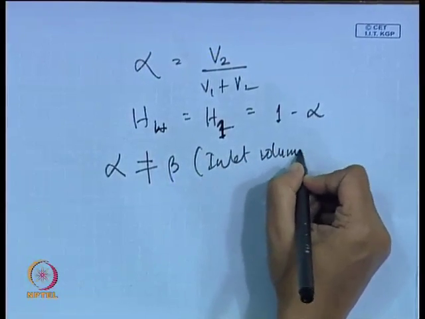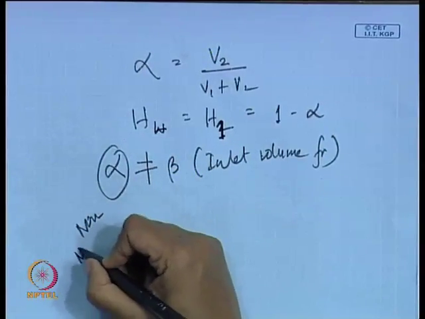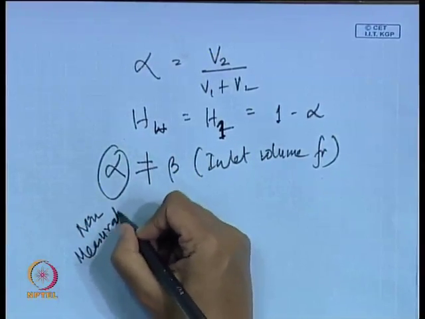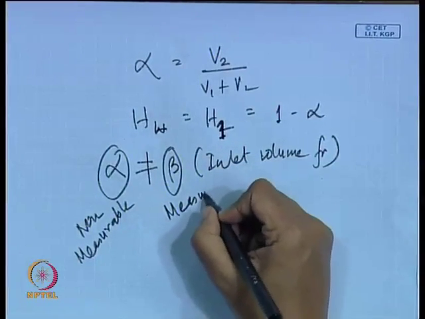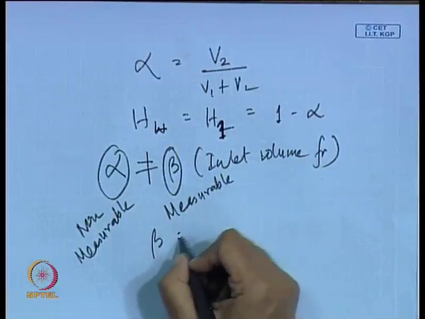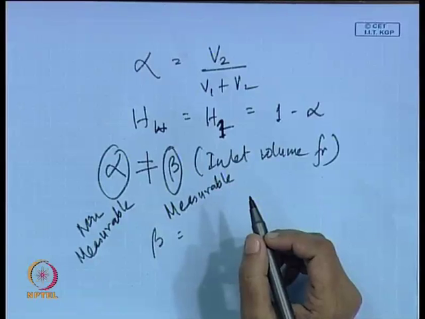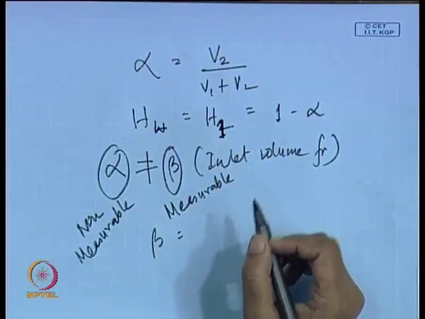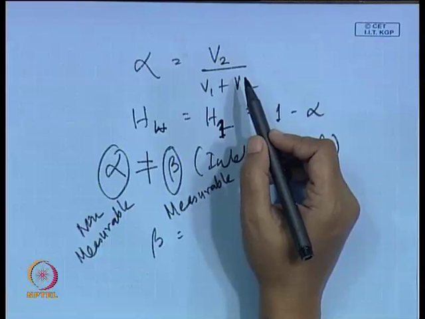So, again, alpha is a non-measurable parameter, not under the control of the experimenter or the designer, but beta is very much a measurable parameter. Beta is equal to the inlet volume fraction, which is naturally related to the volumetric flow rate, unlike alpha which is related to the in situ volume occupied by the two phases.